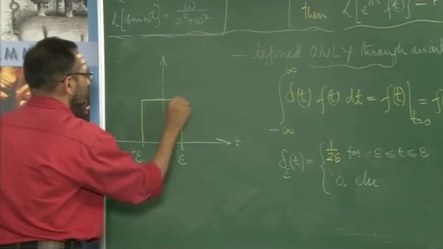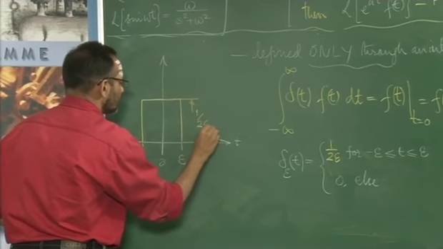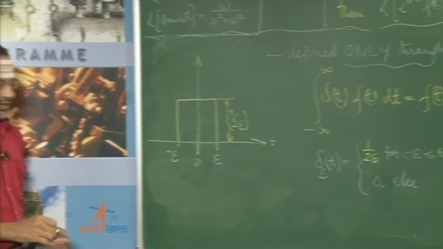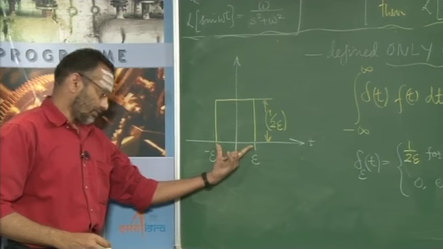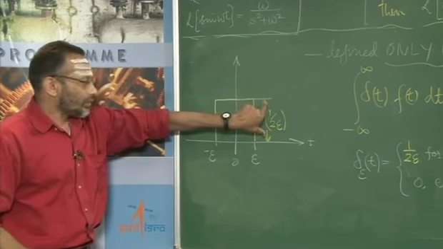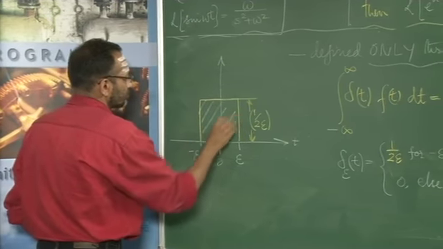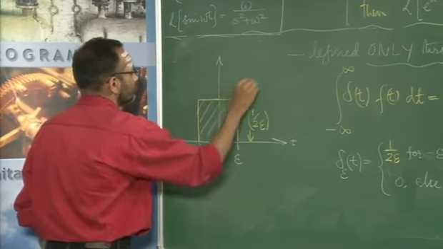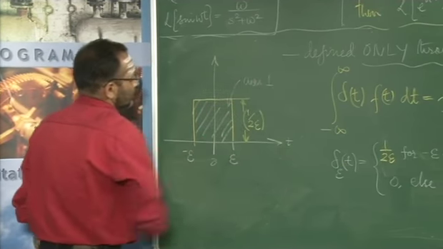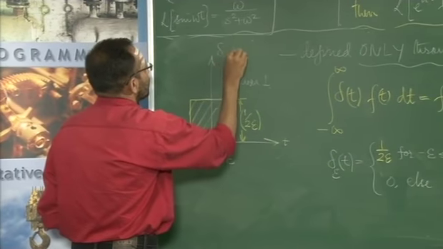So, this height is 1 by 2 epsilon. So, what you will observe here is, here you have a rectangle of width 2 epsilon, the height is 1 over 2 epsilon, therefore, this area still continues to be 1.